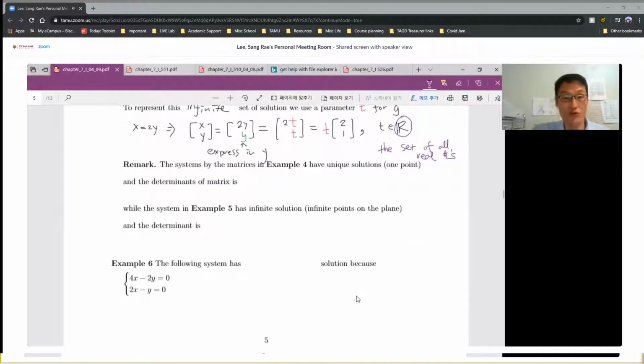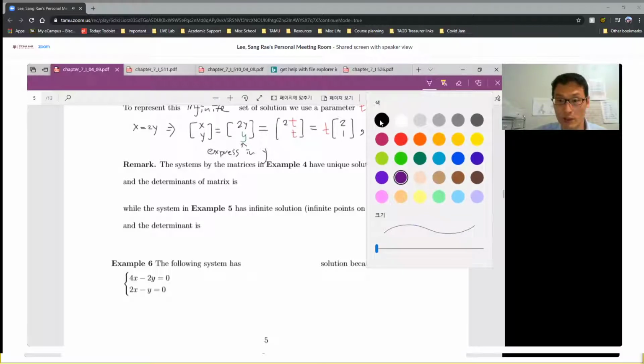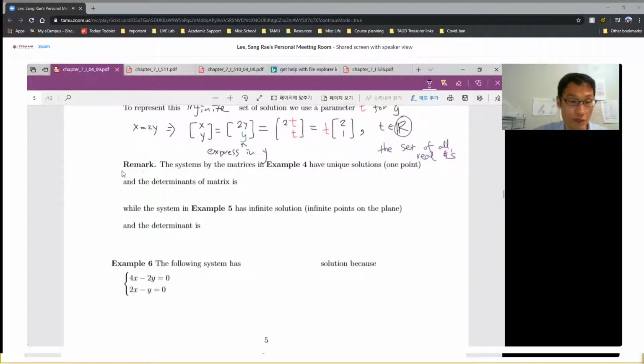Here is a very crucial remark. When we study eigenvalues and eigenvectors, we will use this remark. This remark is about a dichotomy between two matrices. In example 4, our matrix was [1, 2; 2, 1].